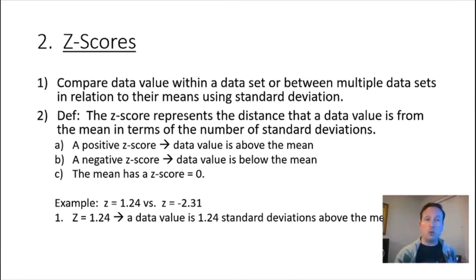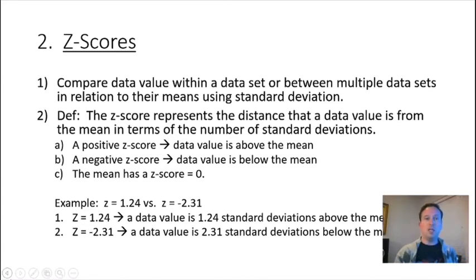When you have a z-score, it's standard deviations. So 1 standard deviation, 2 standard deviations. So make sure you get used to saying 1.24 standard deviations. The second one is a data value which is 2.31 standard deviations from the mean, but in this case, because it's negative, it's below the mean. It's below average. All right, so that's just in general how we think about z-scores.